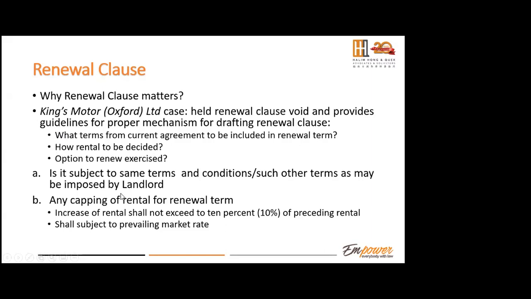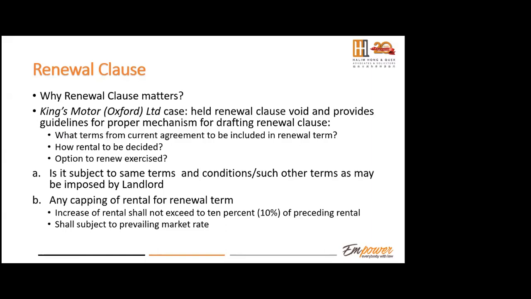All right, then how rental is to be decided. Is there any capping of rental for renewal terms? Normally they will impose a capping on the increase of this rental. For example, after you completed your 3 years tenancy, then you decided, I want to extend for another three years. Then there will be a capping.